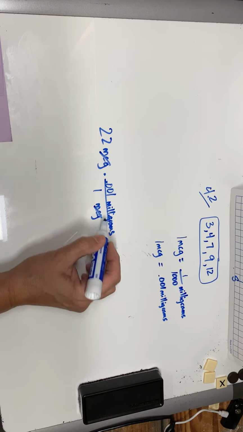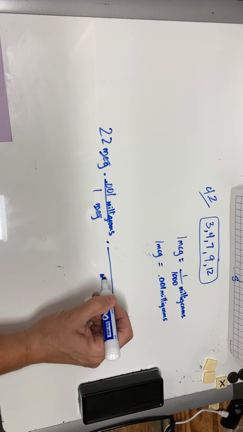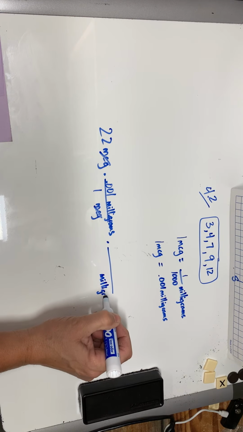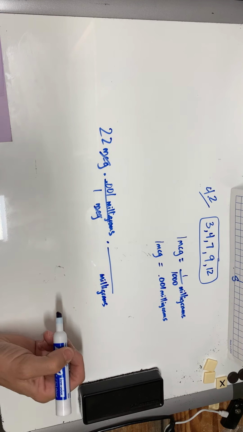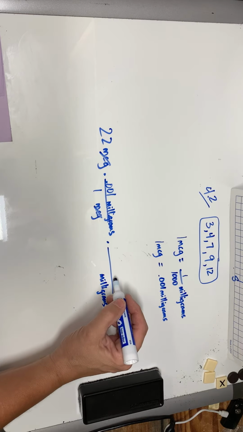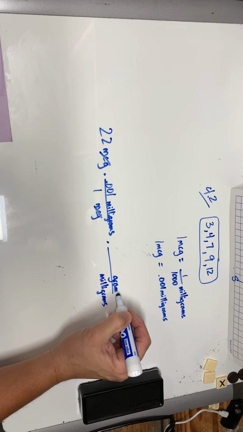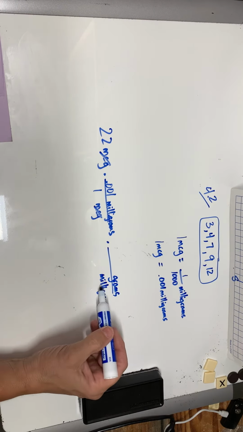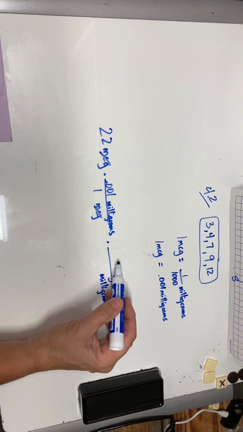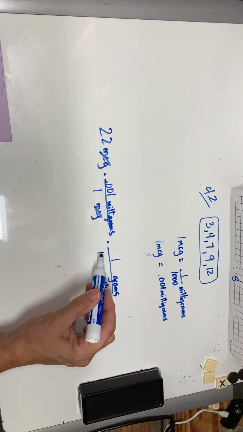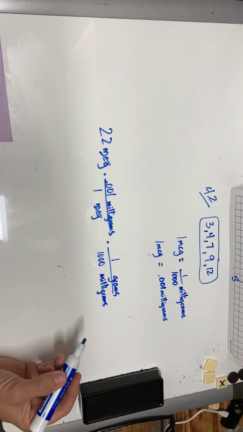So the micrograms cancel. Now I need milligrams down below so that they'll cancel, and my ultimate goal is to get to grams. In case you didn't know, milli means 1,000, so 1 gram is the same as 1,000 milligrams.